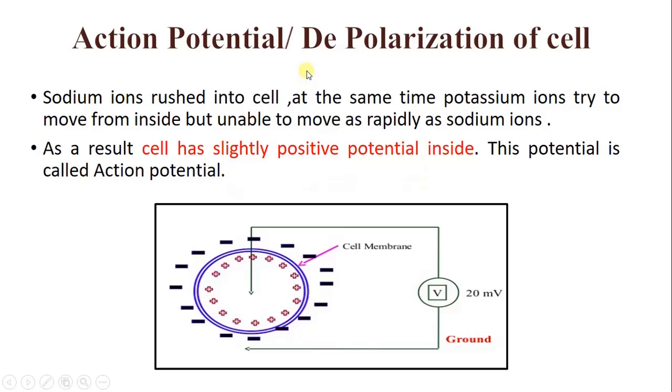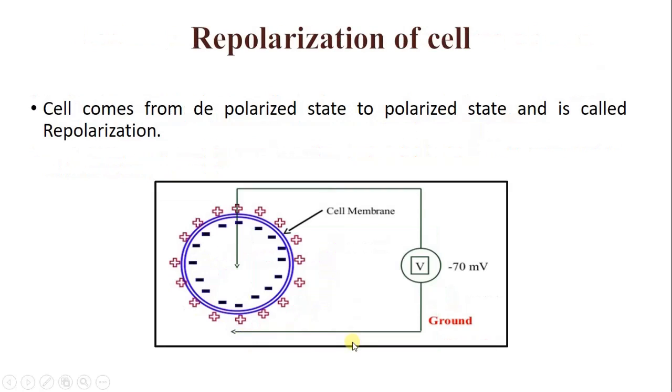And this process is called depolarization of the cell. Now the cell comes from the depolarized state to the polarized state again when equilibrium is achieved, and that is called repolarization of the cell. You can see again the same membrane potential is achieved. This cell again comes to the repolarized state.